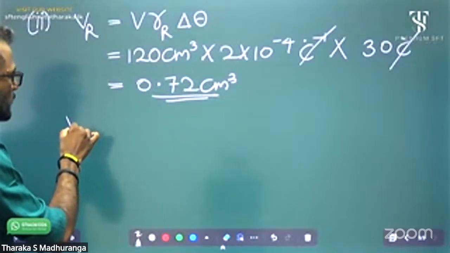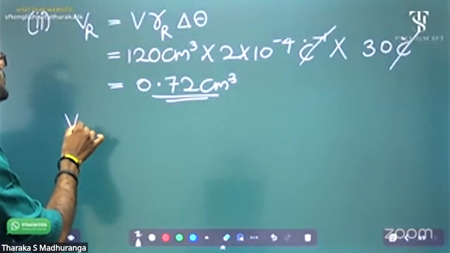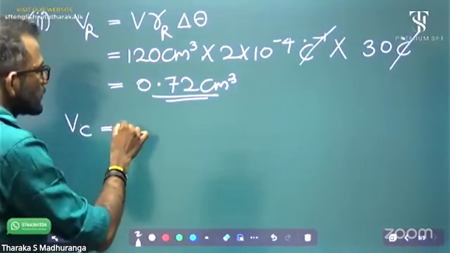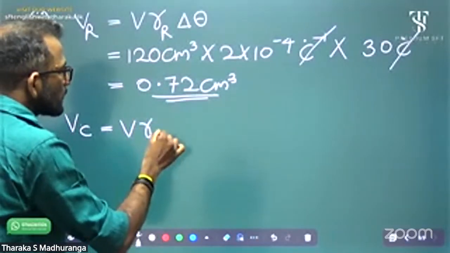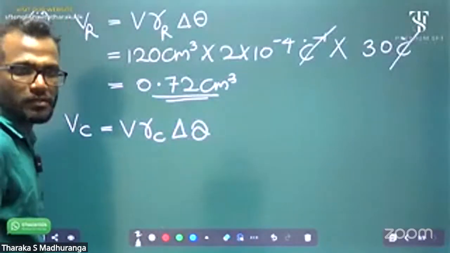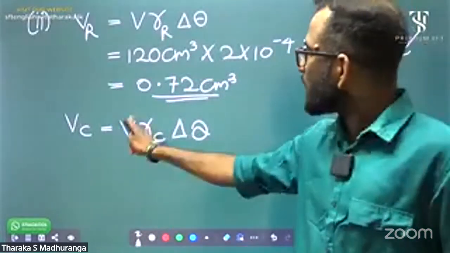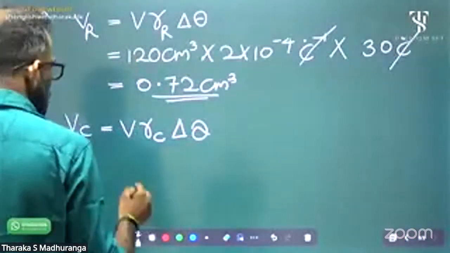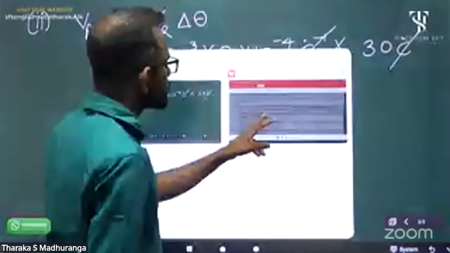I can say the container volume expansion, VC, is V into gamma C into delta theta. That's my new equation, V1 gamma delta theta, our common equation. Now, what is the volume of the container?